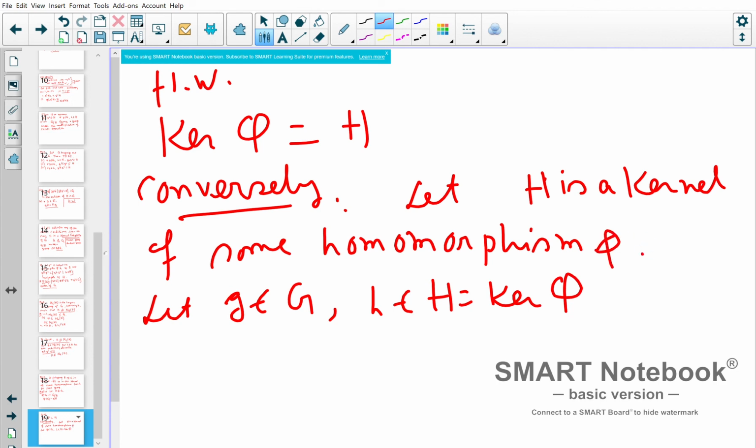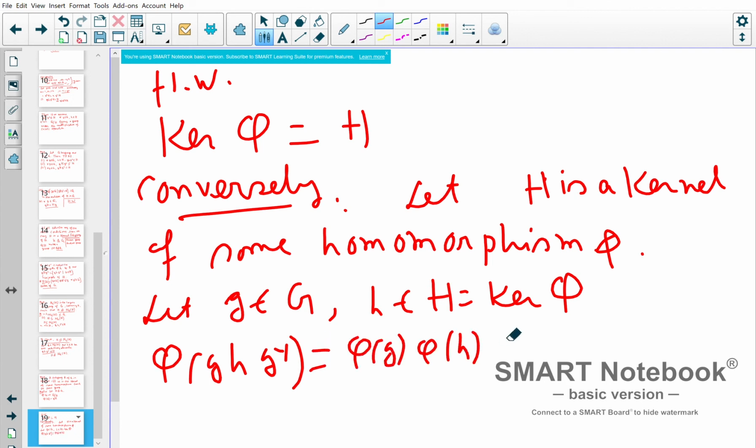Then what you need to prove is that g h g inverse belongs to the kernel, which means you need to prove that phi of g h g inverse is identity, right? But phi of g h g inverse is nothing but phi g, phi h, and phi of g inverse, and phi of g inverse is phi g whole inverse, so you can write that.